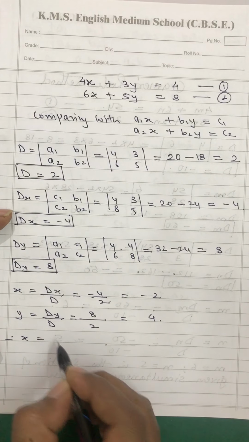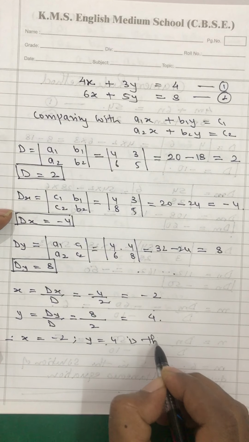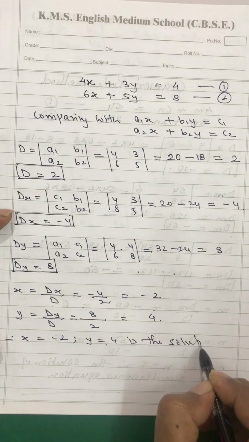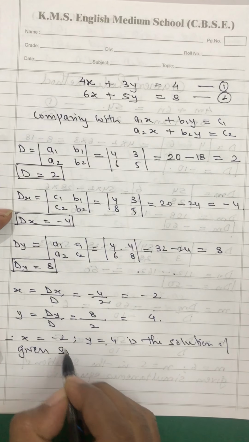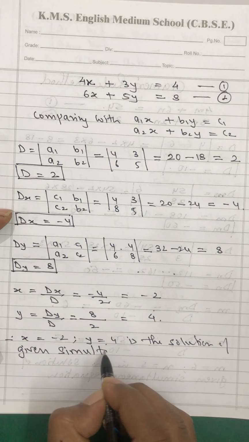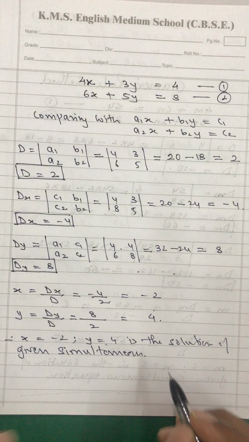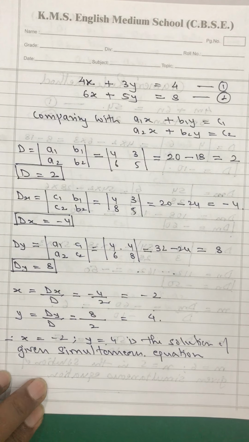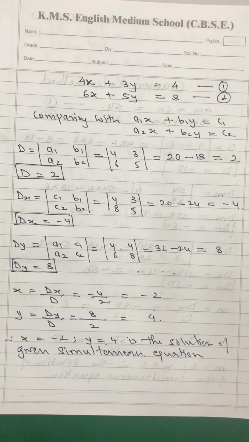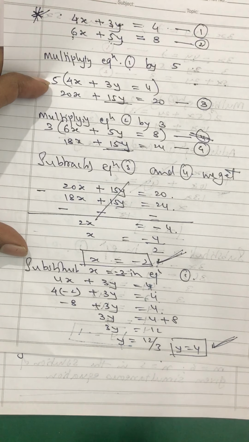Therefore, x is equal to minus 2, y is equal to 4 is the solution of the given equations. So this is how you are going to get this, and I hope we have got this answer also, right. x is equal to minus 2, y is equal to 4.